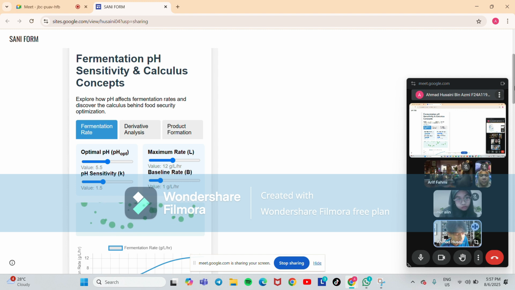From yogurt to soy sauce, kimchi to kombucha, microbial activity transforms raw ingredients into products with enhanced taste, texture, and nutritional value. But while the process might seem straightforward, it's incredibly sensitive to a range of factors, both environmental and biological.